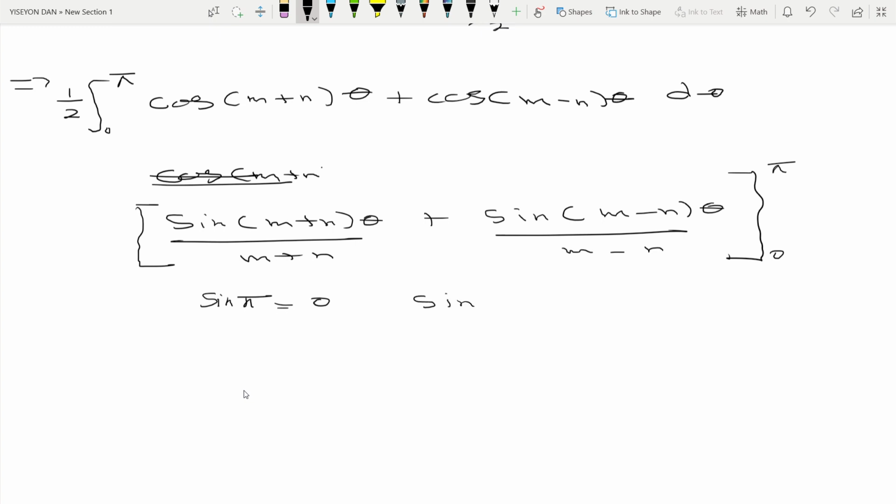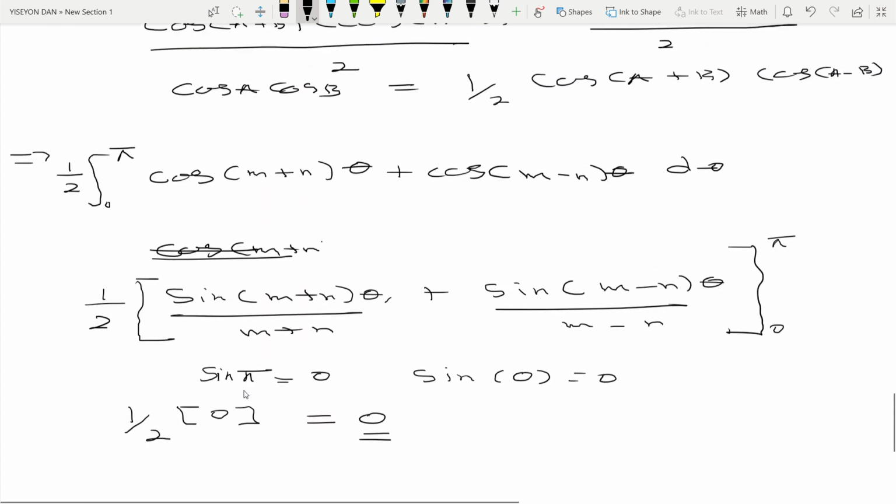So we'll be left with 1 over 2 multiplied by 0. This is 0, which is the first part of the proof. We have successfully proved the first part.